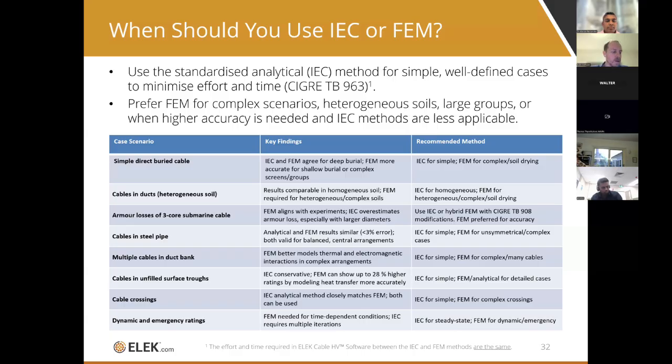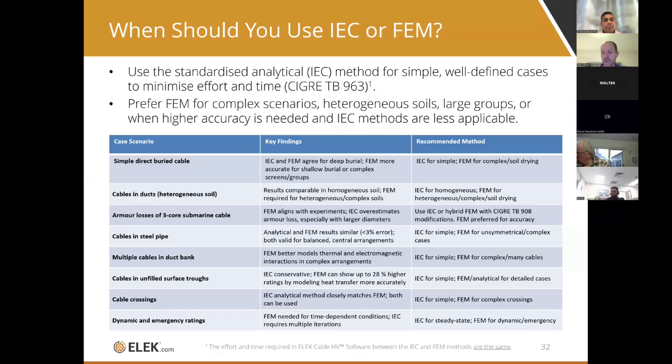But if you can model using IEC or FEM, and the cables are deeply buried, you'll get close results. If they're not, FEM should be used when the cables are shallow or for complex mutual heating. When cables are in ducts, FEM is going to give better results when you need to consider armor losses, etc.